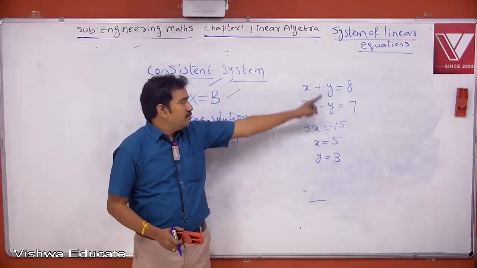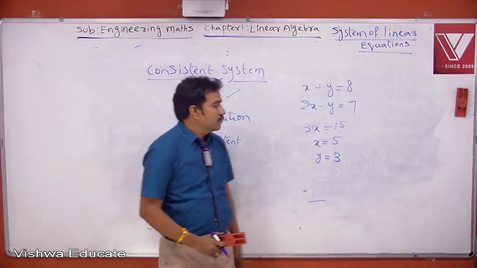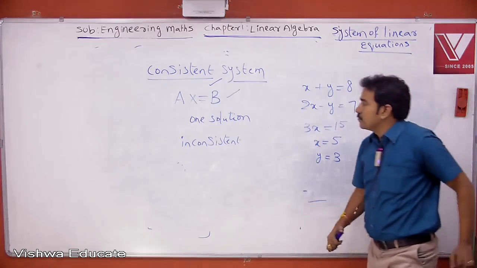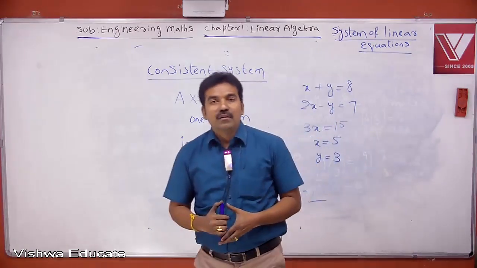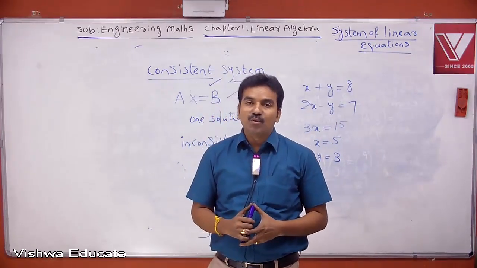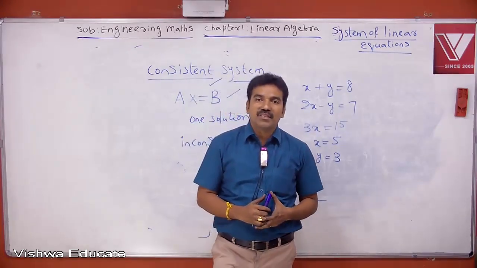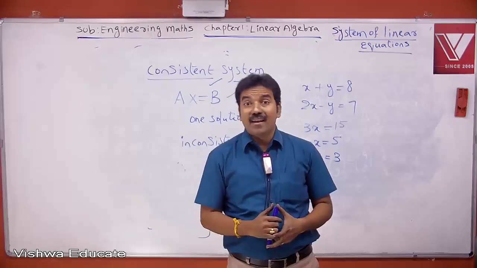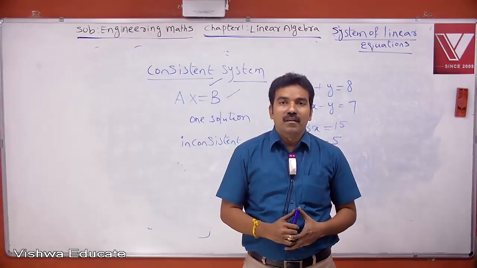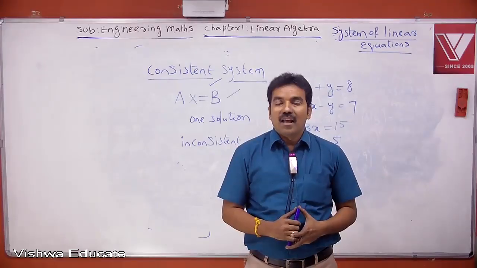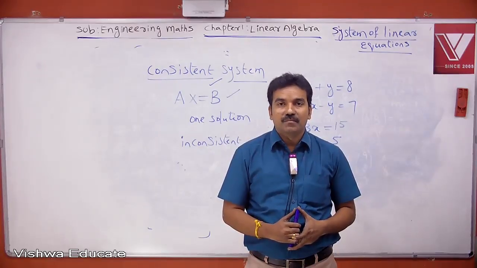Now work out this example. Note, if Ax equal to b has no solution, then it is called an inconsistent system.